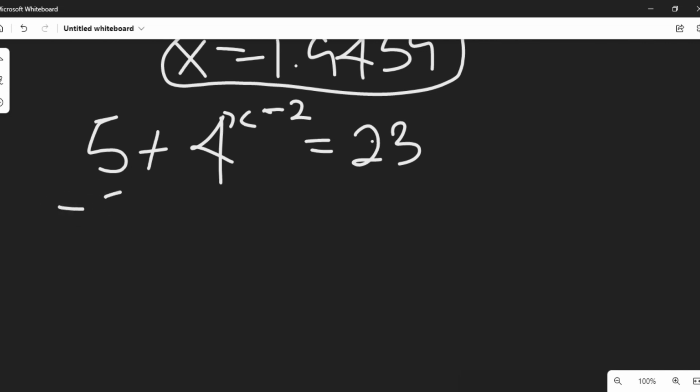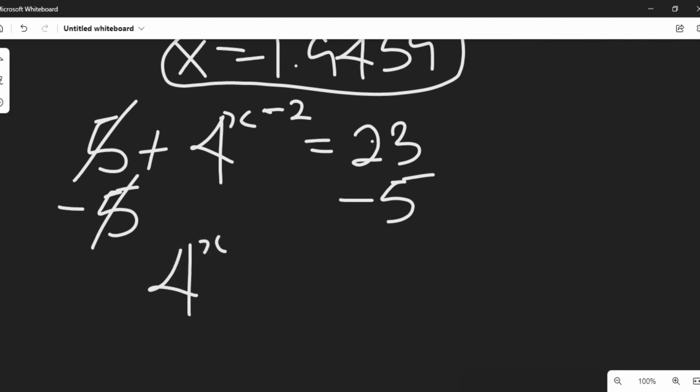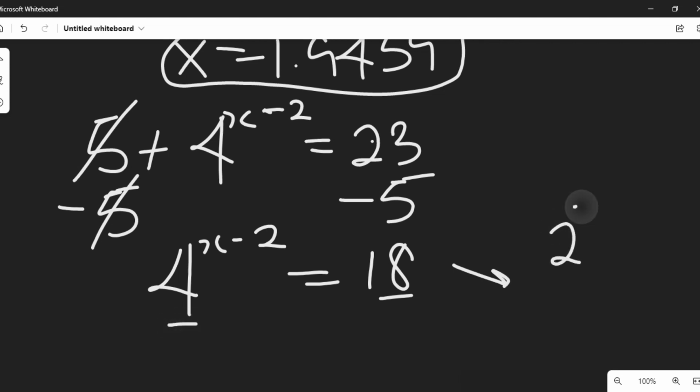This will do away with this 5, and then we'll have 4 raised to power x minus 2 equal to 18.